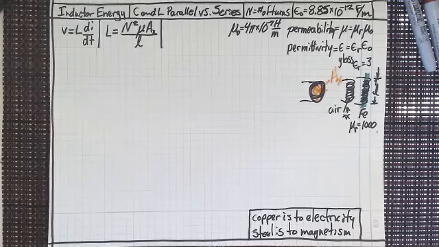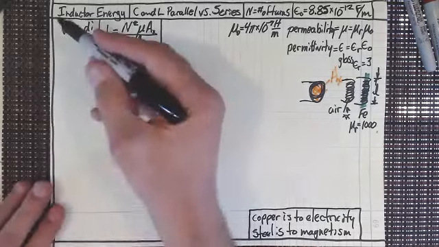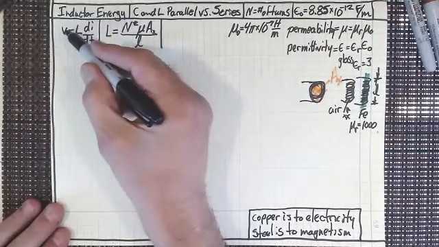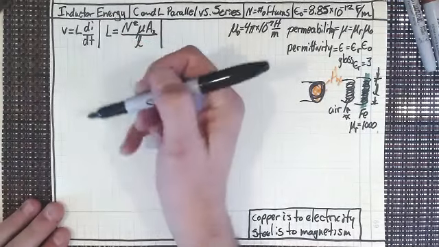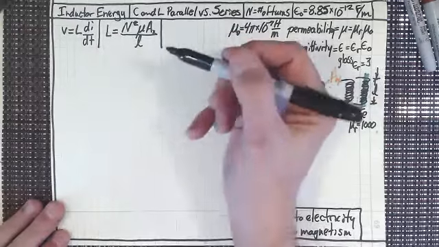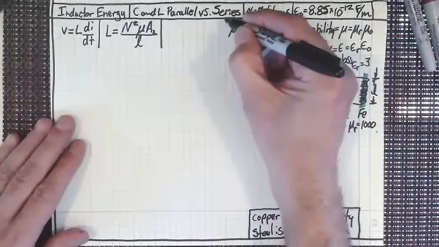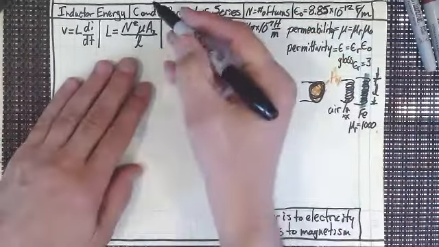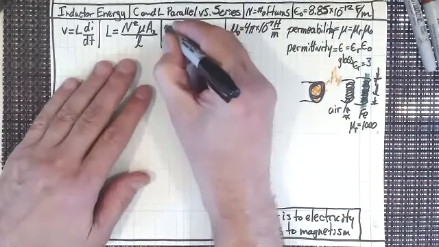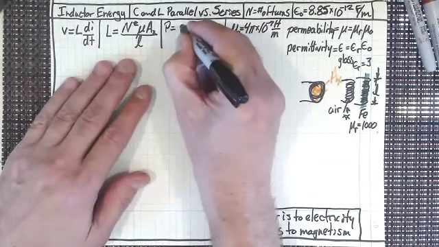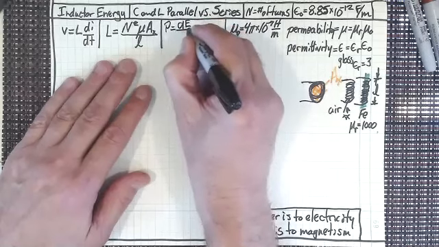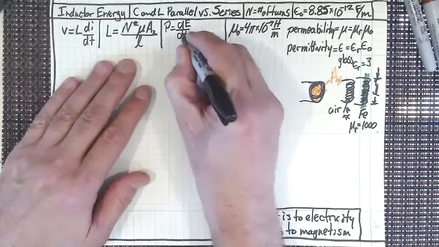Okay. Now, what I want to do is look at the energy. We know what V is, and if we know what I is, let's look at our relationship between power and energy again. We know power is going to be the change in energy divided by the change in time.